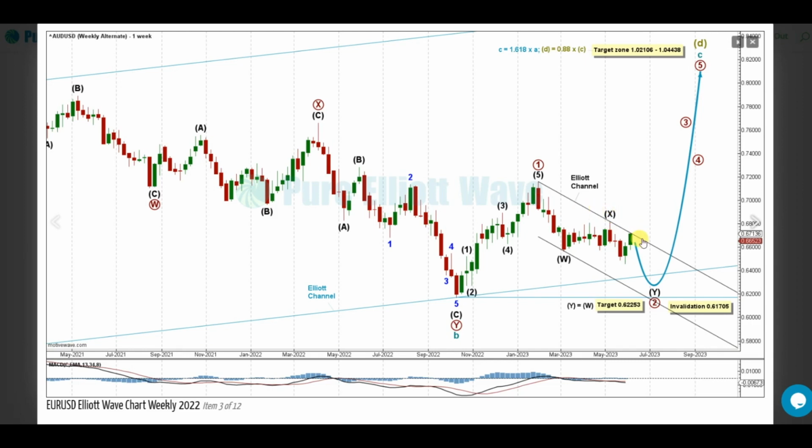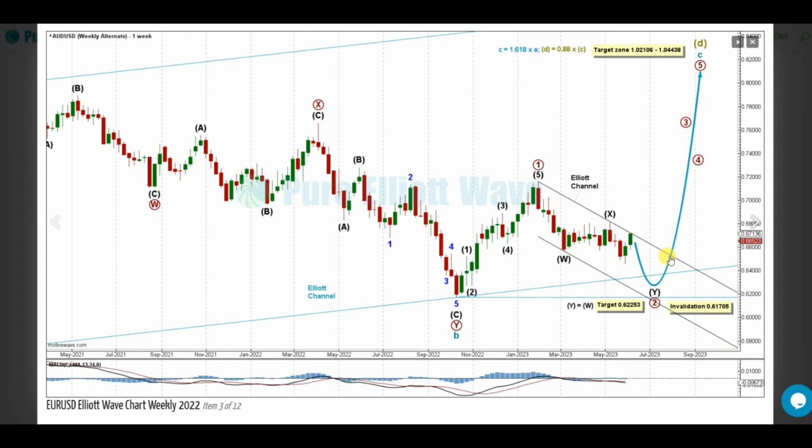So this one has a higher probability until this Elliott channel gets breached, because the weekly technicals aren't giving a signal that the downward trend is over. However, the daily technicals are showing that a little bit more upwards price action is likely.